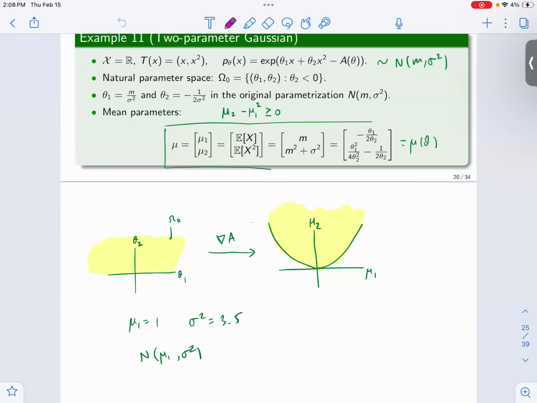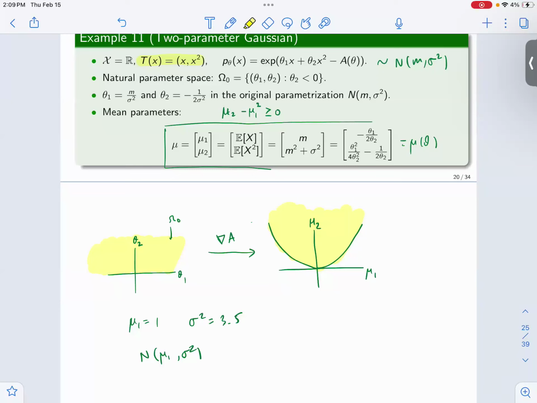And in general, this set would be a subset of all possible mean vectors that you can realize by a distribution that has densities on X. So if I put a distribution on X, then that distribution induces a distribution on T of X. Under that distribution, this T of X has a certain mean.